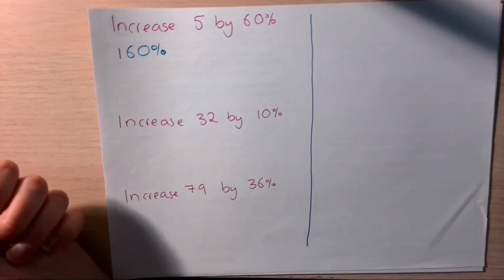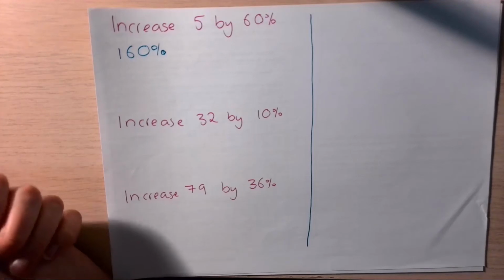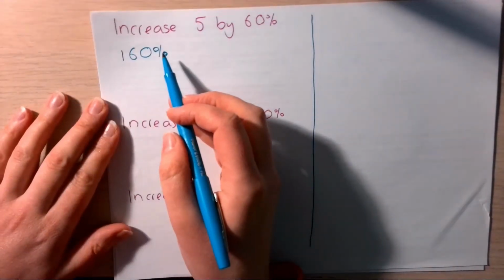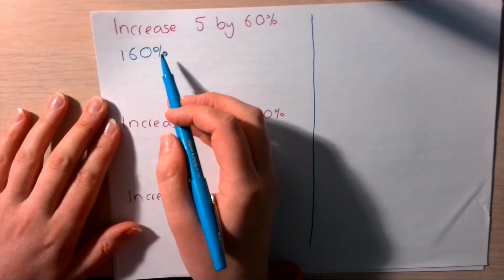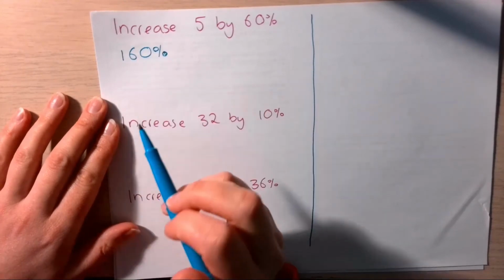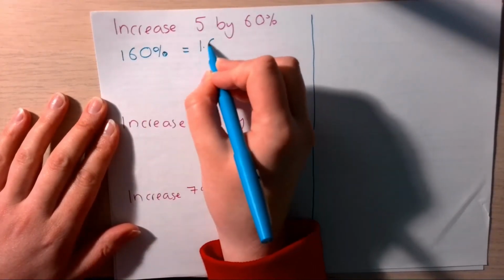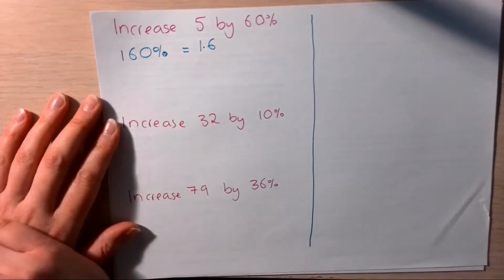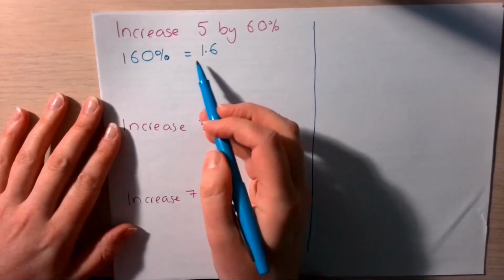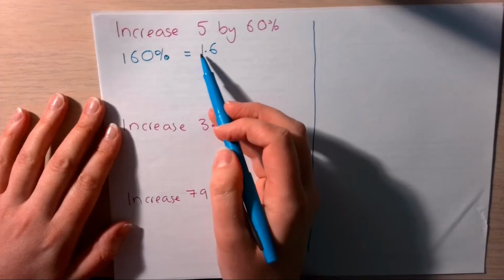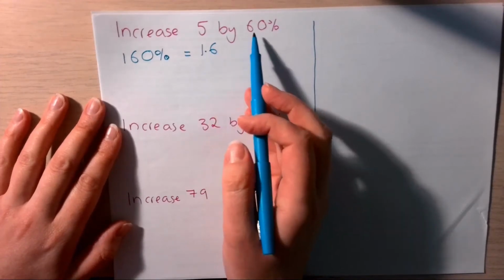So same as we did with the decreases, we are going to convert this to a decimal to get our multiplier, and to do that we divide by 100. Okay, so 160 divided by 100 is 1.6, and you will find that whenever you're increasing you'll always get a 1 in front. Sometimes you'll get a higher number than a 1 if you're increasing by over 100%.